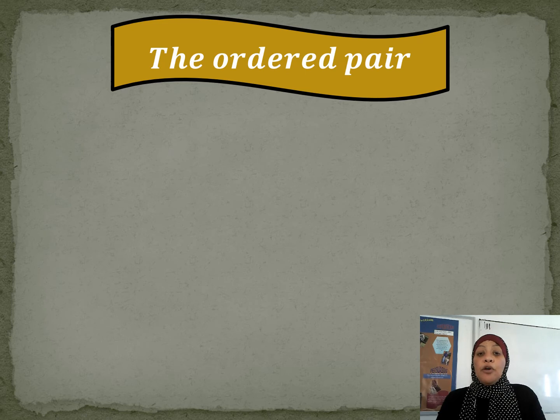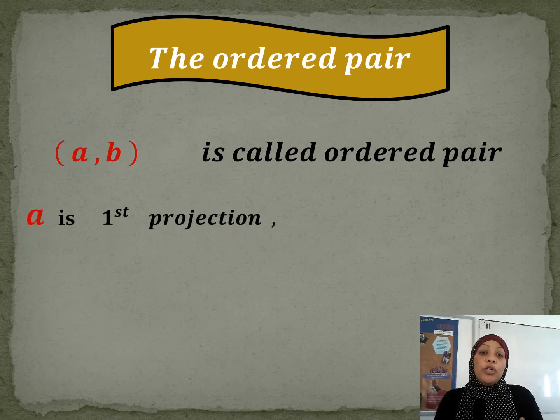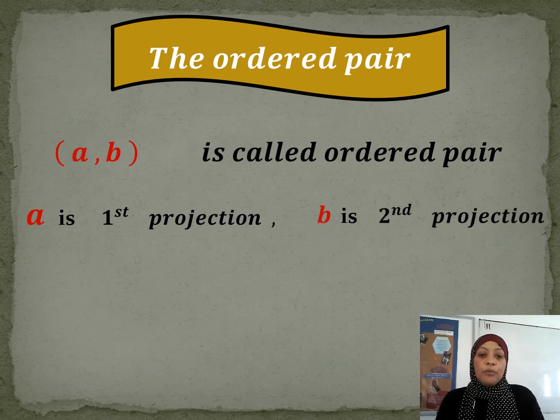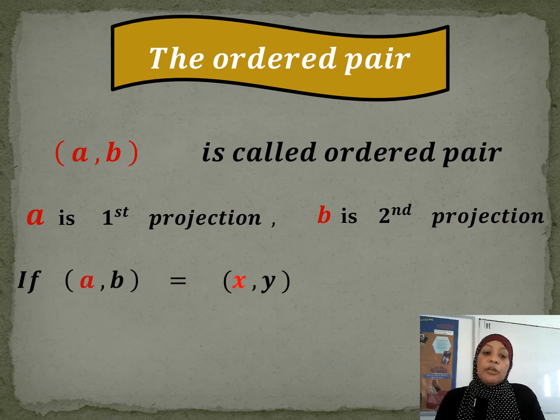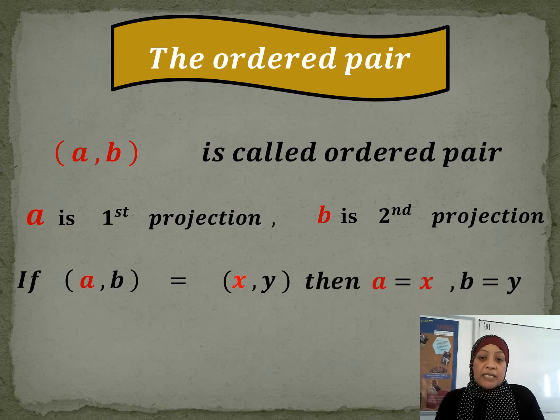Let's make a summary of what we said. Ordered pair (a, b) is called an ordered pair. A is called the first projection, B is called the second projection. If ordered pair (a, b) equals ordered pair (x, y), it means a equals x and b equals y. Mathematically, first projection equals first projection, second projection equals second projection.